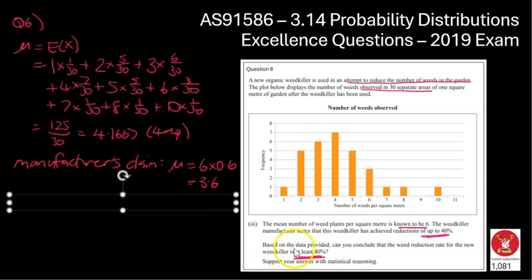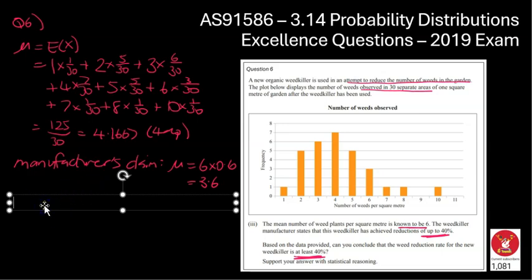Okay, so thinking of the question, remember it says, can you conclude that the weed reduction rate for the new weed killer is at least 40%? We cannot, because if it was at least 40%, the actual mean should be below or equal to this 3.6. It's actually quite above, which means the weed reduction rate was much less than 40%.